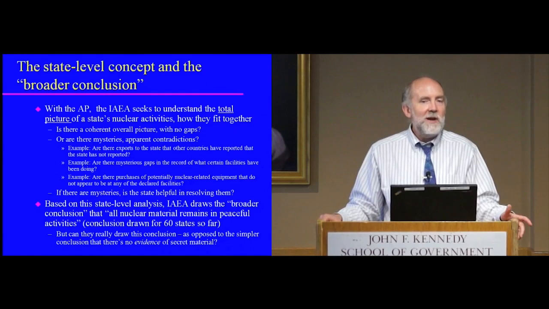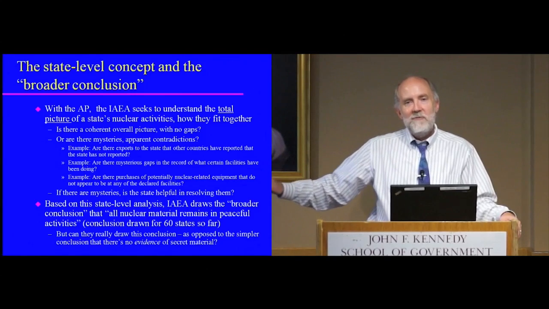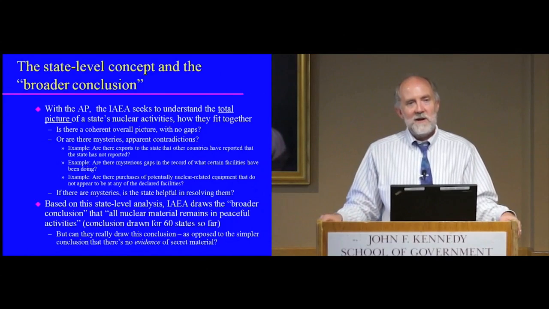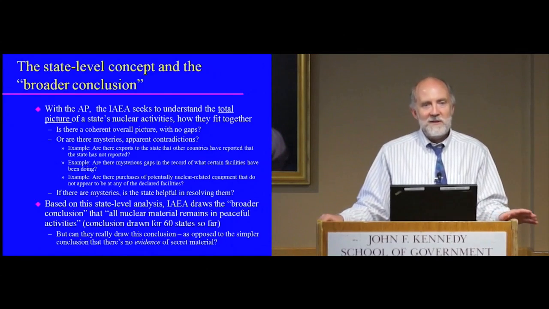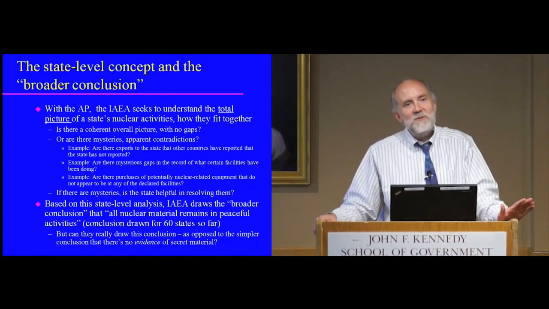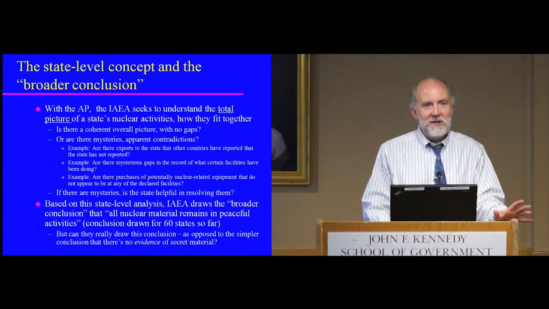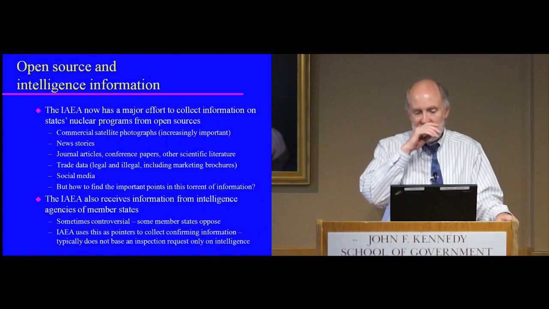But there is a debate as to whether they really have the information they need to draw that conclusion. They can certainly conclude that there isn't any evidence to the contrary. But as Don Rumsfeld used to tell us, absence of evidence is not the same as evidence of absence. So there's some debate as to whether they really ought to be so forcefully drawing the conclusion that they know that all the nuclear material in the state is in peaceful activities.